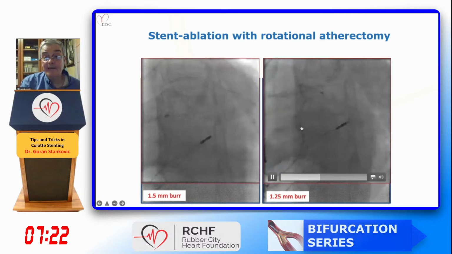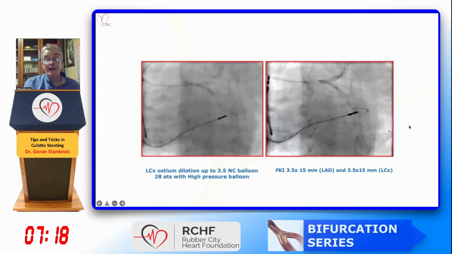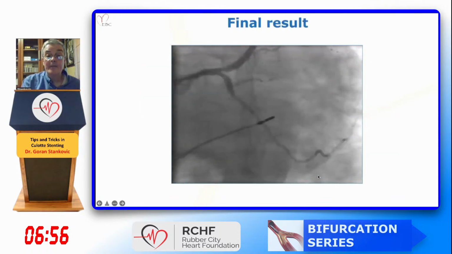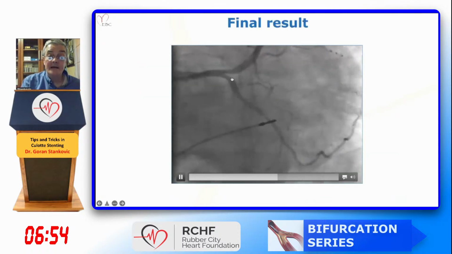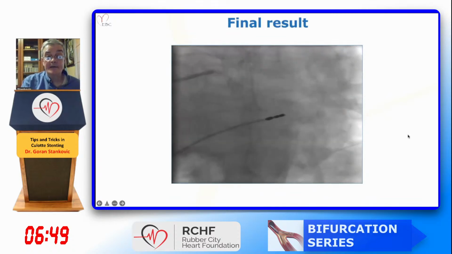So 1.25 finally was able to cross and to create space for going with balloon. 3.5 dilatation with NC balloon at 28 atmospheres with OPN balloon, high pressure balloon, was adequate expansion, and then repeated final kissing with both vessels, 3.5 by 15 balloons. And this is the final angiographic result, much better without adding the third stent.